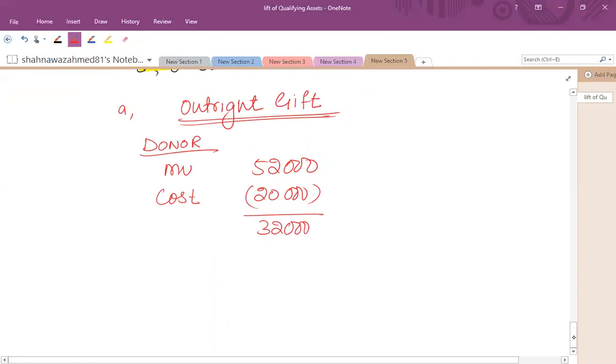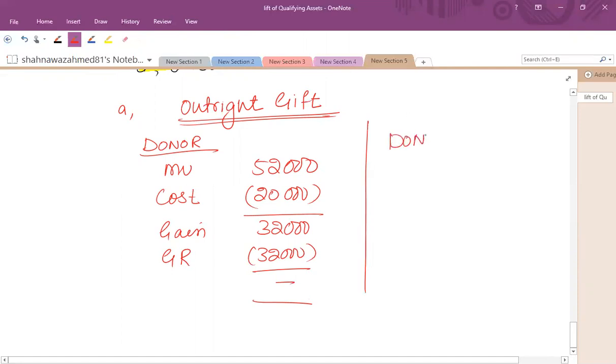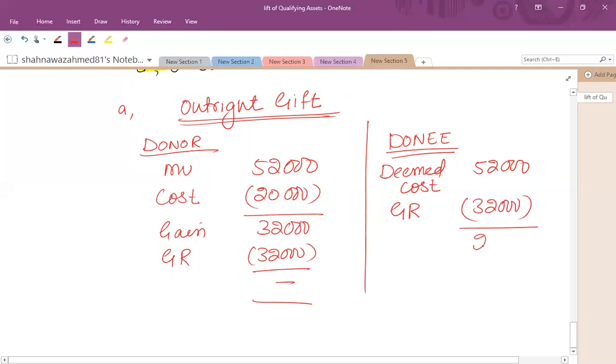But as it's outright gift, gift relief is available, 32,000 for donor, and for donee, market value becomes deemed cost, that is 52,000. Deduct gift relief of 32,000, and 20,000 is the base cost for donee.